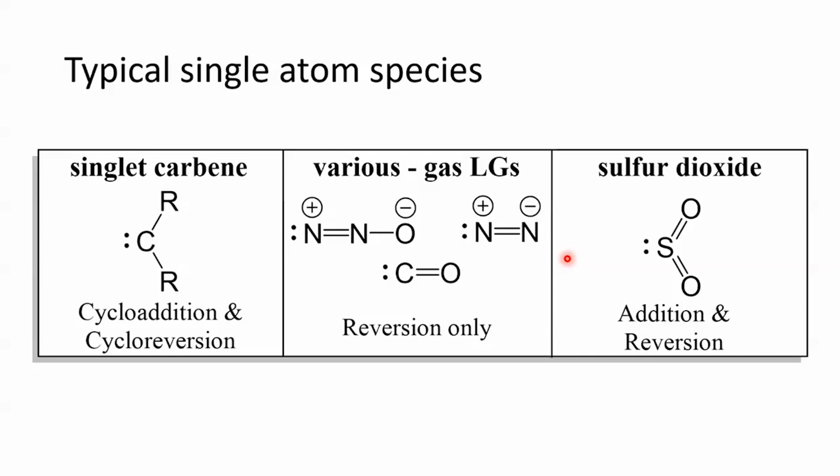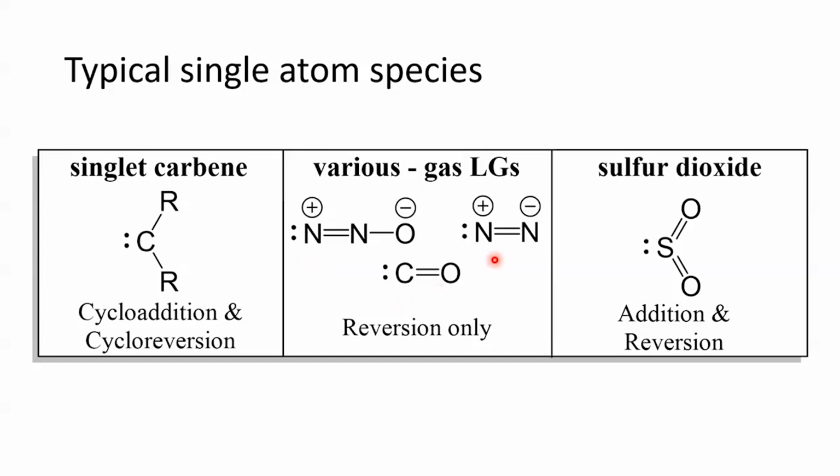In terms of the single atom species that undergoes reaction, there's a couple of common species that you see a lot. Probably the most topical of these is singlet carbene, whereby our single atom is carbon. It does not obey the octet rule, so it has 2 bonds and a lone pair, and as you'd expect, it's quite reactive. Singlet carbene can undergo cycloadditions or cycloreversions during cheletropic reactions, whereas certain other single atom species, such as those that could form gaseous products as part of the reaction, undergo cycloreversion only, since their products are lost to the reaction when they're formed.